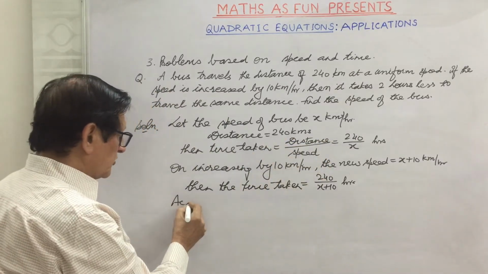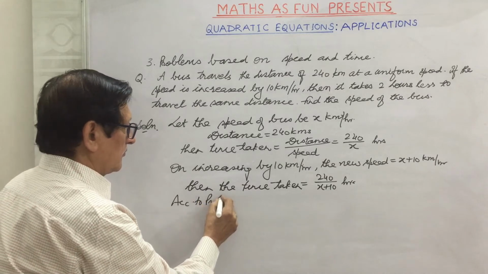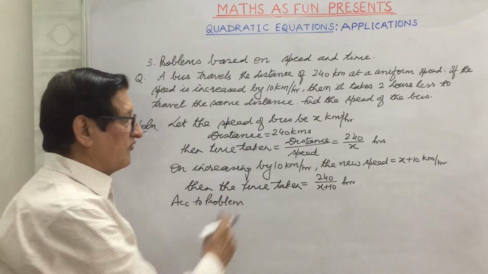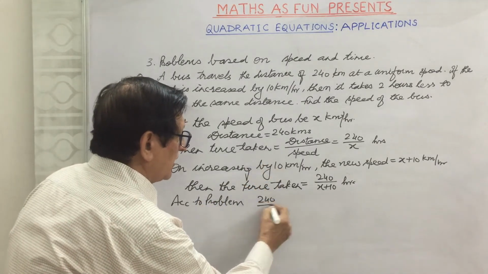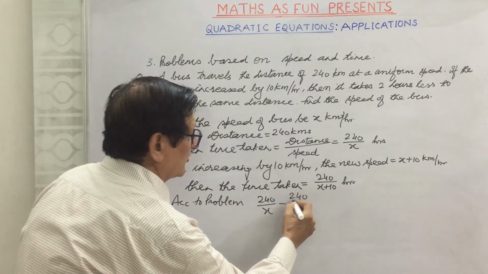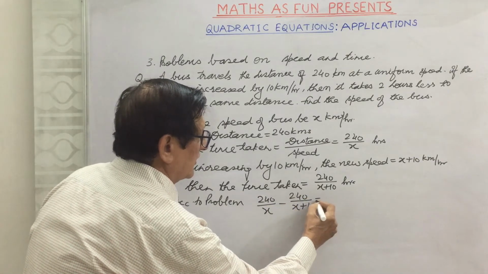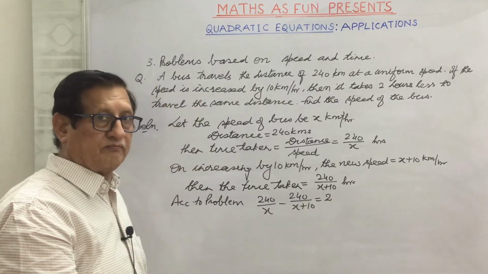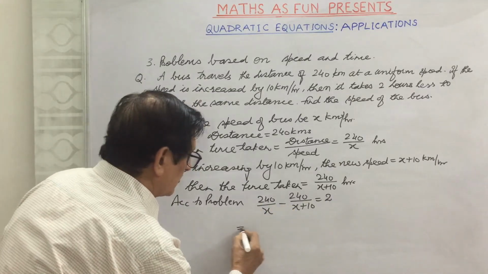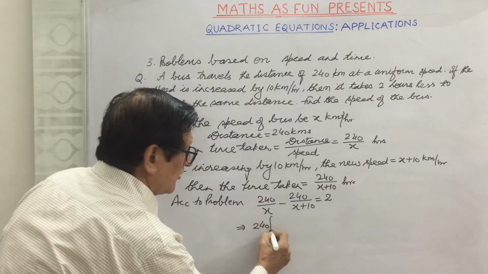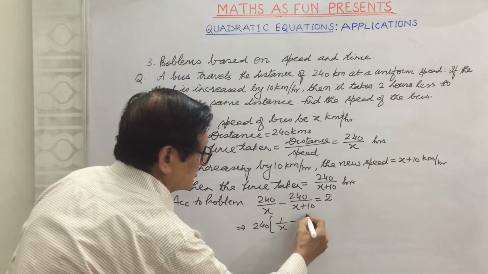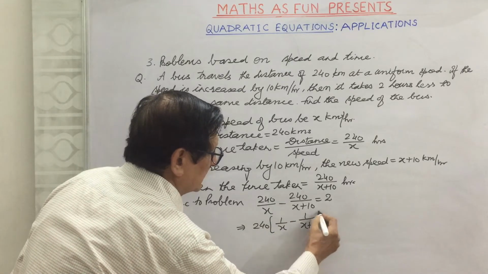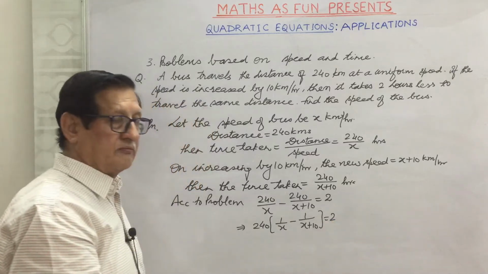It means according to the problem, we will have 240 upon x minus 240 upon x plus 10 equal to 2. If we take 240 common, we are getting 1 upon x minus 1 upon x plus 10 equal to 2.